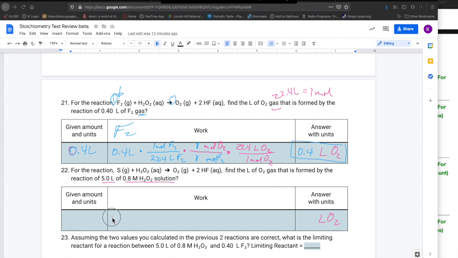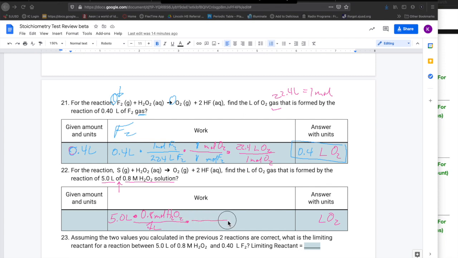So this time, remember, we start with the 0.05 liters. We assume the of means a multiplication, which it does, 0.8 moles of H2O2 over 1 liter. So there's my molarity again, 1 liter for each mole that's part of this. So the number goes with moles.